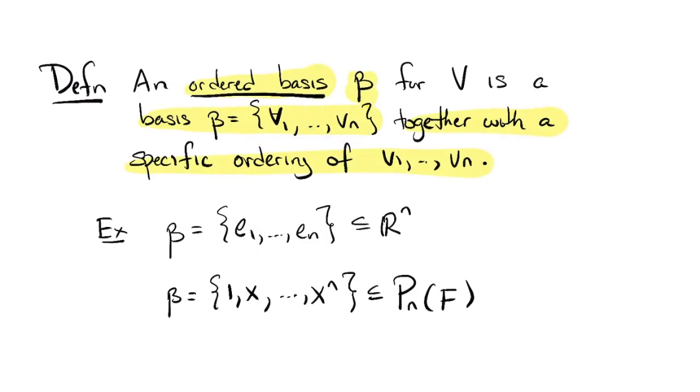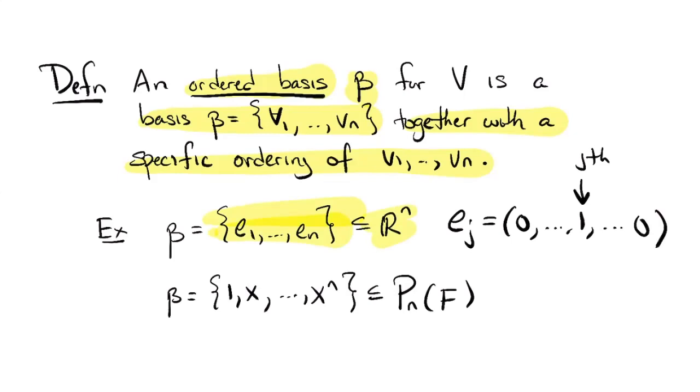All right. I think the standard ordered basis that you know of is the usual basis, the standard basis for Rn. So you remember here that E sub j is a vector, all of whose coordinates are 0, except for 1 in the jth component. So we order that basis by putting them in the order where j increases from 1 to n, okay?